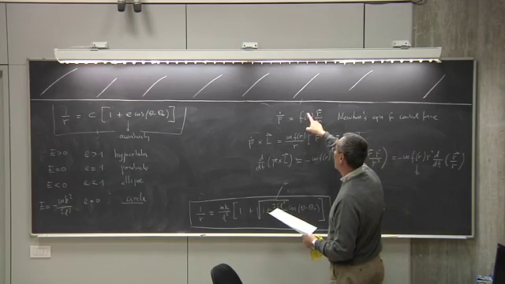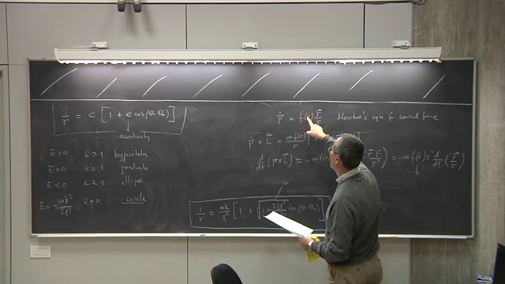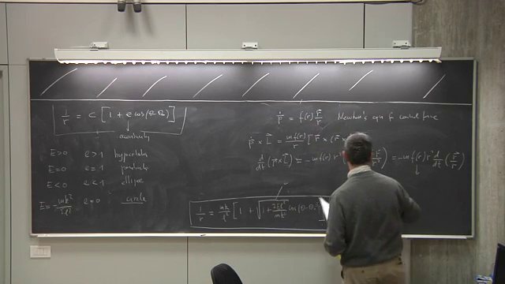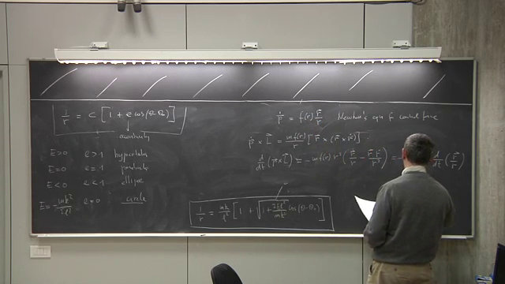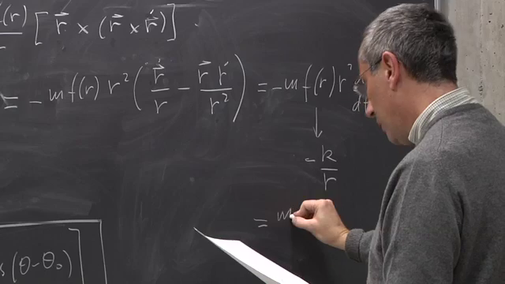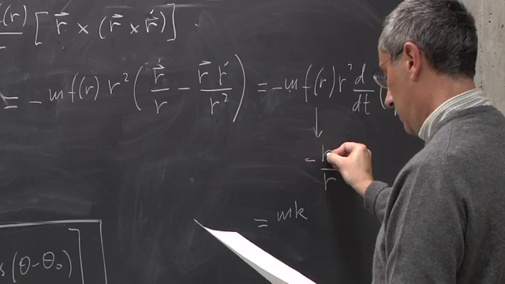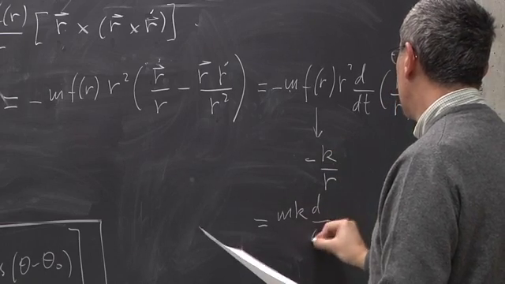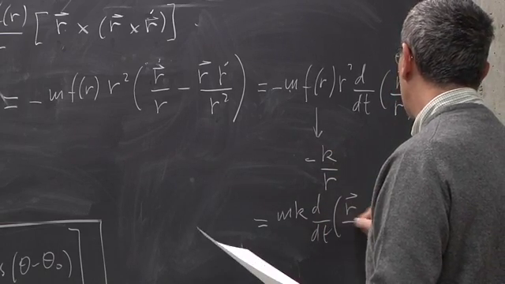Because in the case of Kepler, the force is just minus k over r squared. So for this case, I just get m k d/dt of r over r.